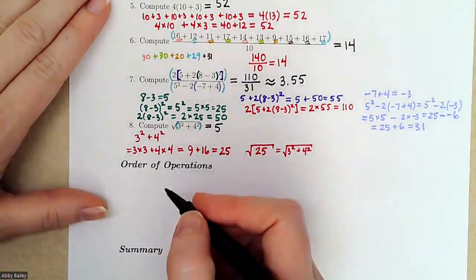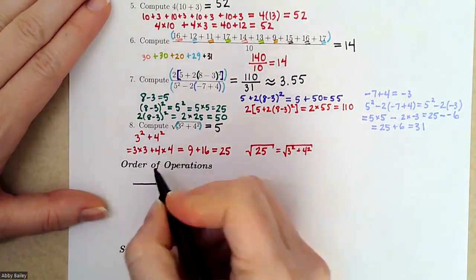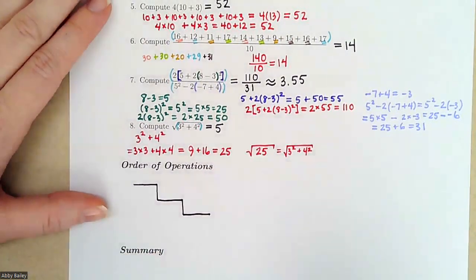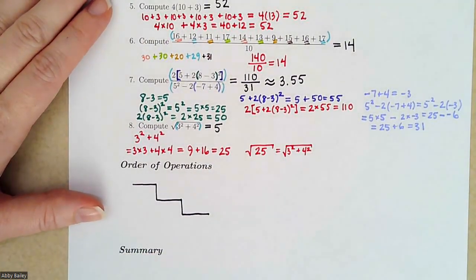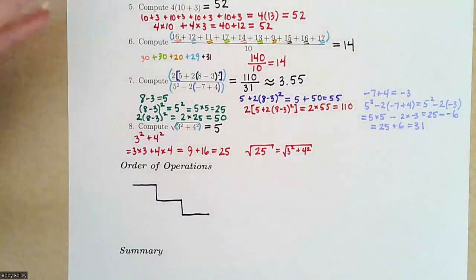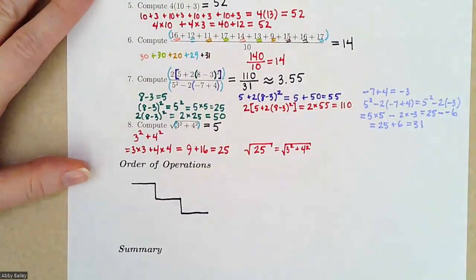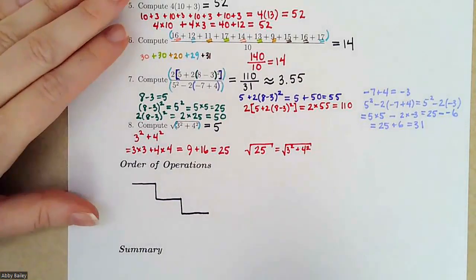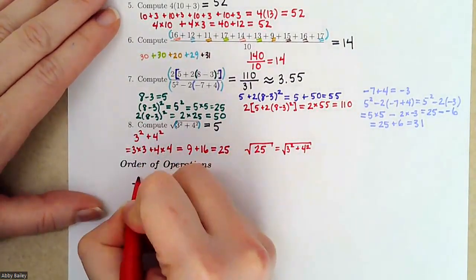So that means that our order of operations, and I like to look at this as a stair step instead of PEMDAS, or Please Excuse My Dear Aunt Sally, there are many different sayings for this to get our memory to get it glued. But I like to think of it as a step.